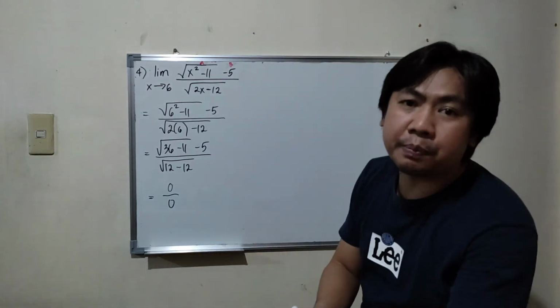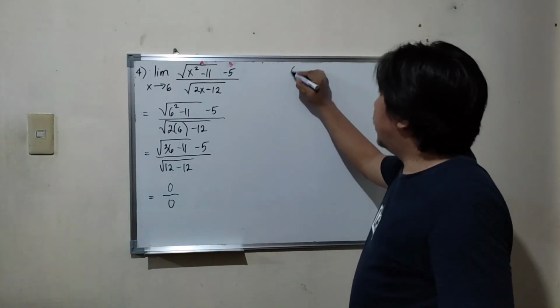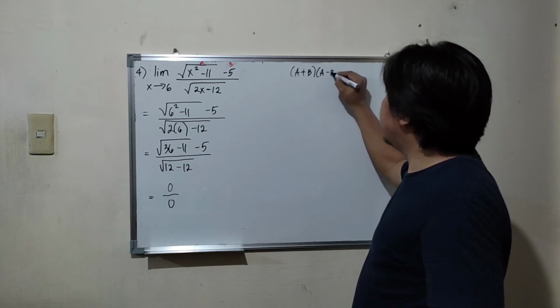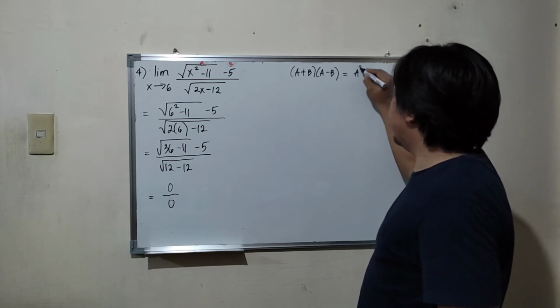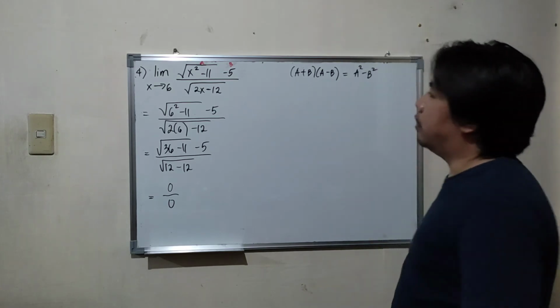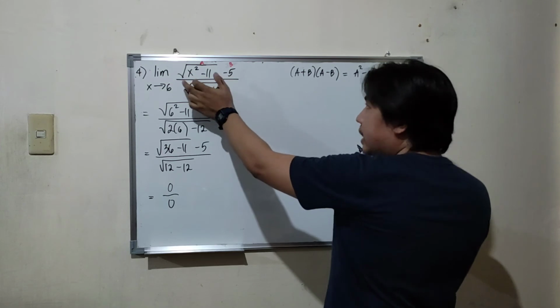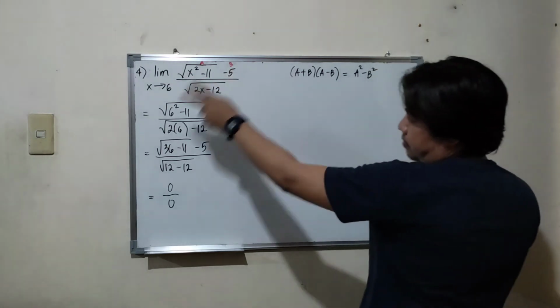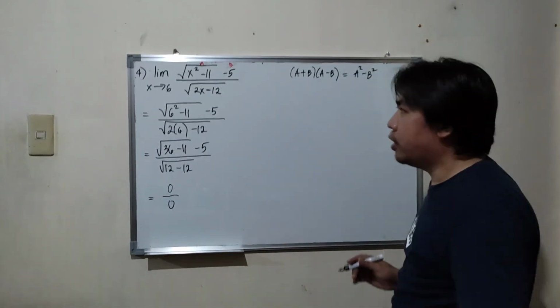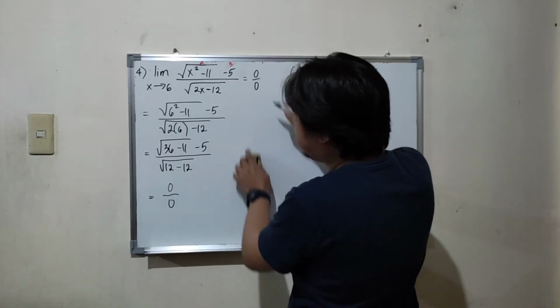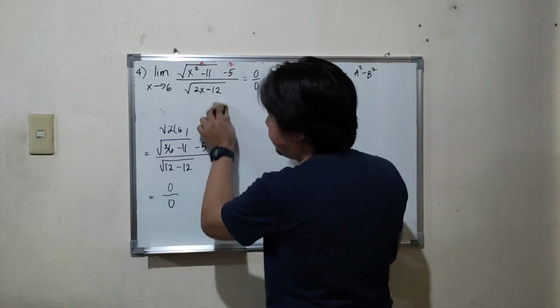So we will use the special product: a plus b times a minus b is equal to a squared minus b squared. Let's try multiplying by the opposite and see if we can solve this. Let us erase this first, since we have already shown that it is indeterminate, 0 over 0.